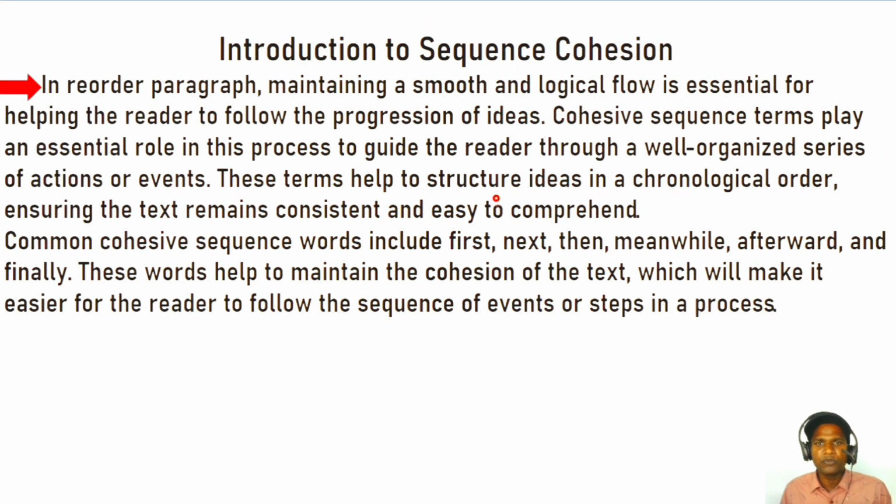These terms help to structure ideas in a chronological order, ensuring the text remains consistent and easy to comprehend. Common cohesive sequence words include first, next, then, meanwhile, afterward, and finally. These words help to maintain the cohesion of the text, which makes it easier for the reader to follow the sequence of events or steps in a process.